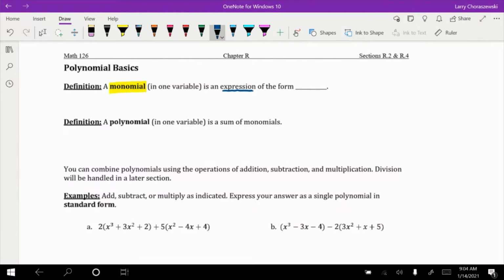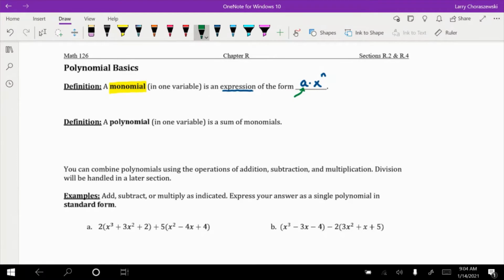A monomial is an expression that involves an exponential expression. And it's going to look like this: a times x to the power of n. Now, I want to mention a couple of things here. A is just going to be a real number, something like 1, 2, 3, 4, or negative 1.5.